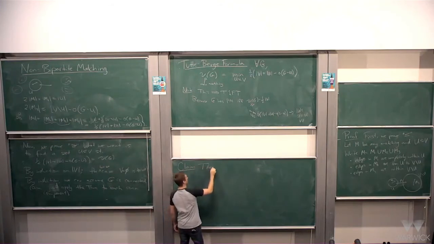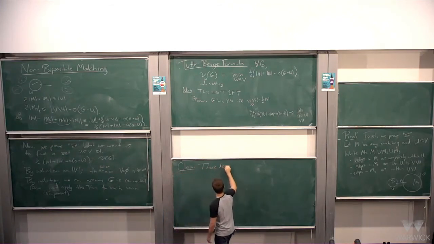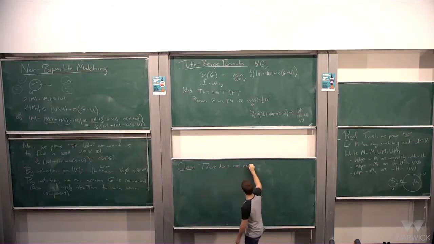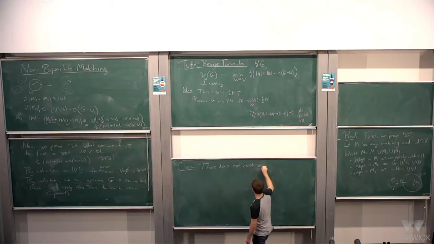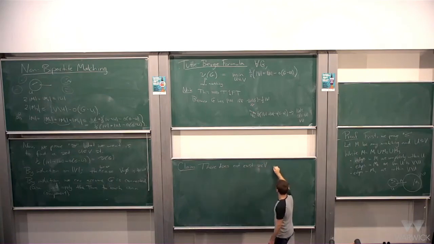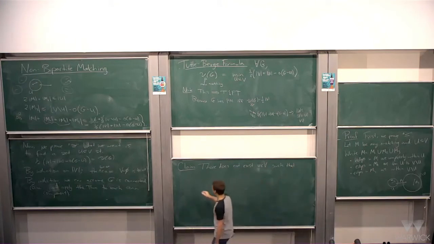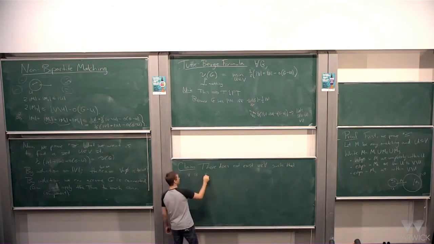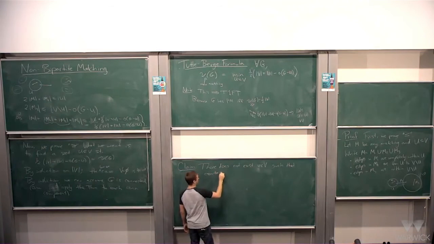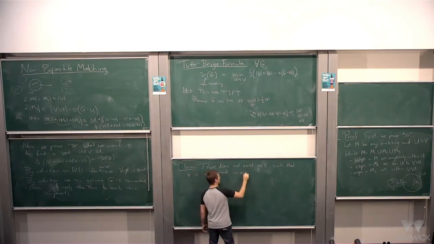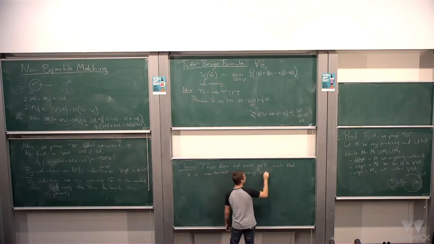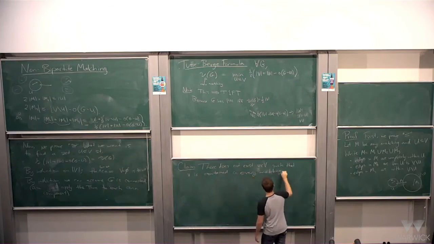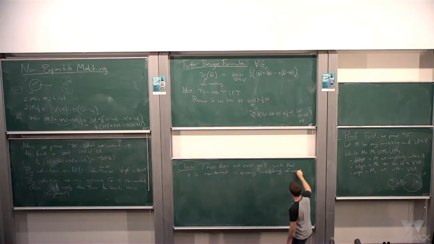So I claim that there does not exist a vertex v of the graph such that v is contained in every matching of maximum size.